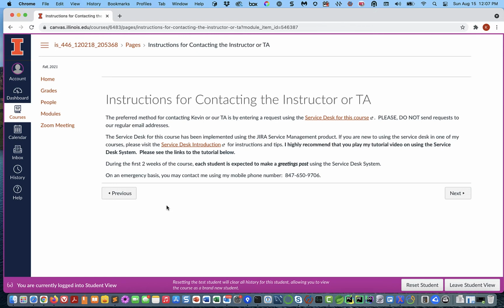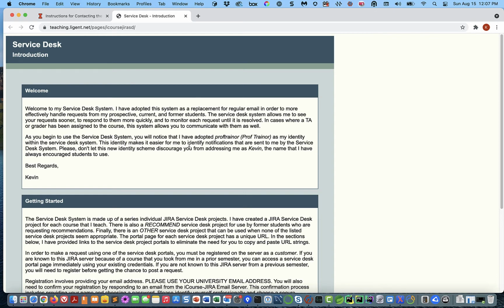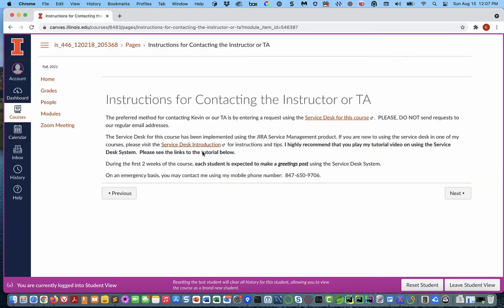It's implemented with a product called Jira Service Management. If you don't know anything about this, then you probably want to read this Service Desk introduction. You probably want to click through on that. And to get to the Service Desk for this course, there's a link up here called Service Desk for this course.